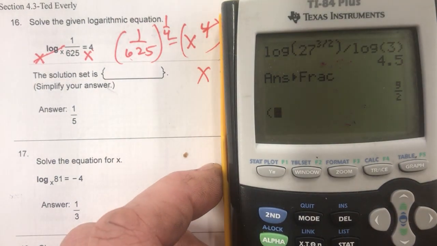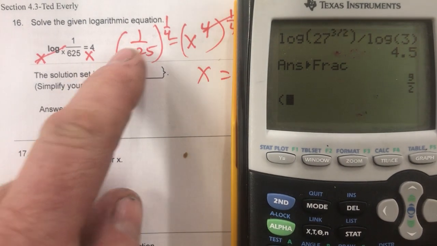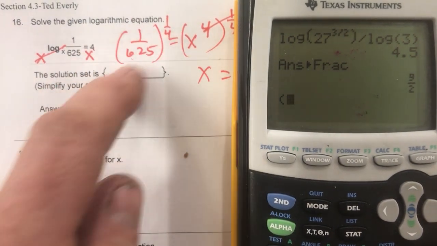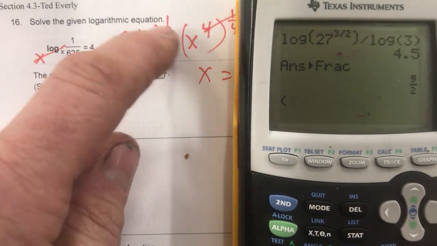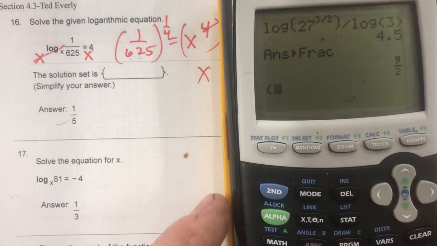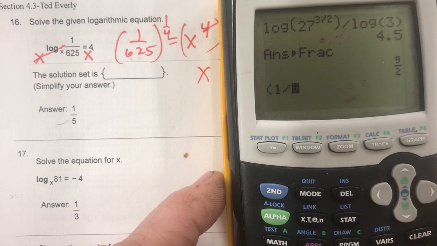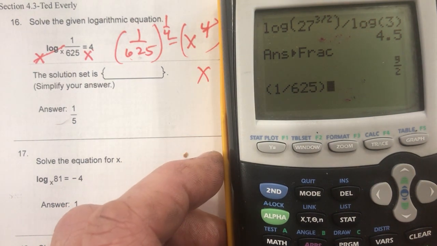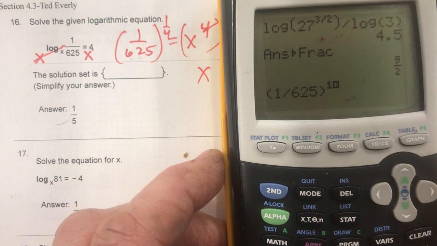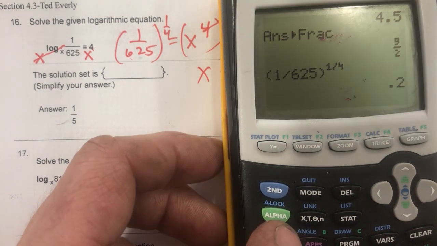Let's see here. Or 1/5. 1/5, yeah, there's the answer right there, 1/5. But I did the 4 through to 625. So 1 divided by 625, okay, to the 1/4 power. And you can see there, 1 over 5.